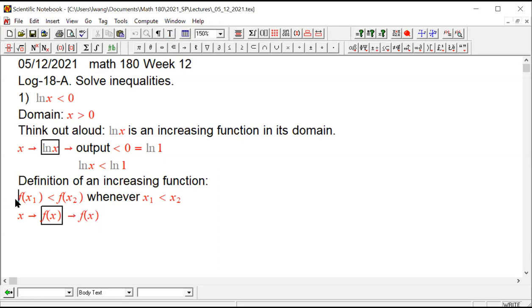An increasing function says that if x sub 1 is less than x sub 2, then on the output side, f of x1 is also less than f of x2. That's what it means.